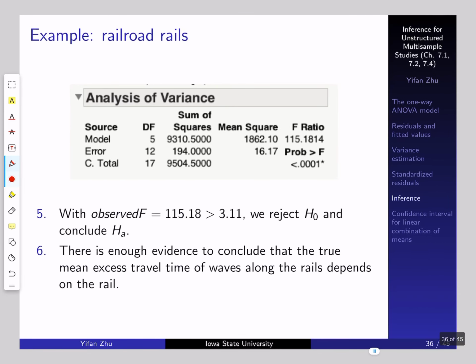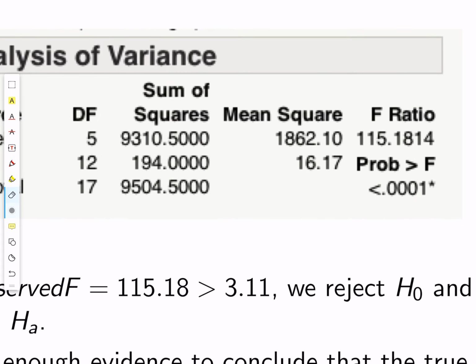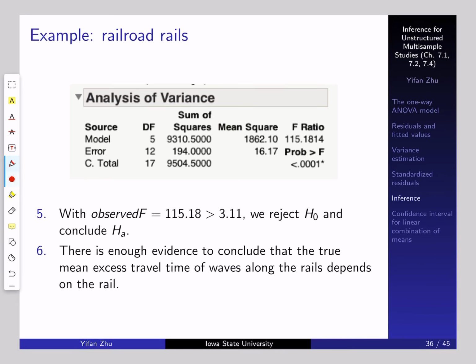In the output, you can find this ANOVA table. In this ANOVA table, you have the SSR, and this is SSE, and this is MSR, and this is MSE.